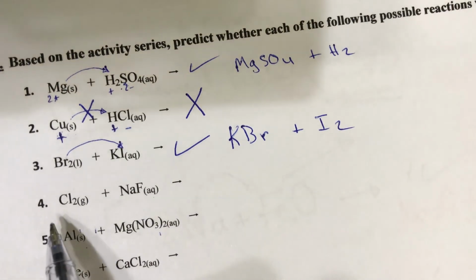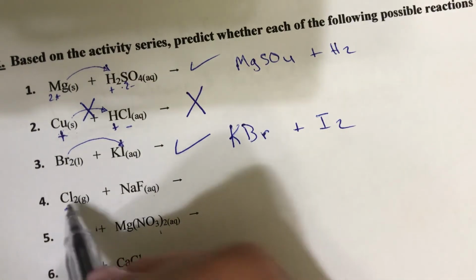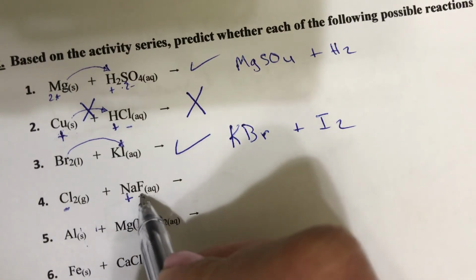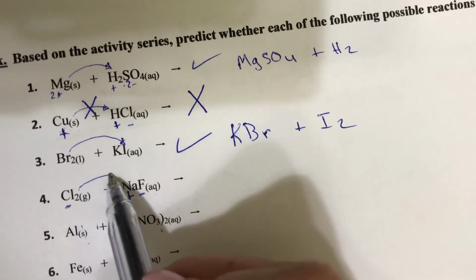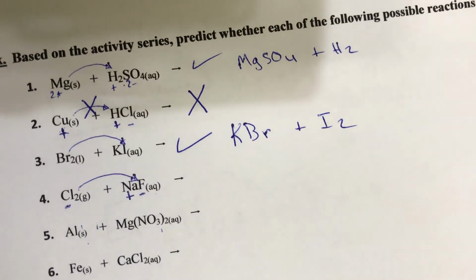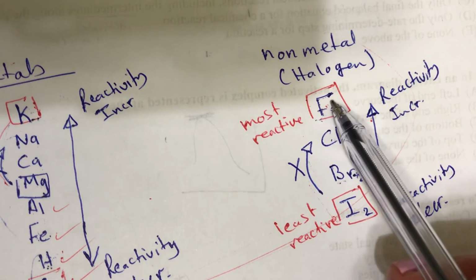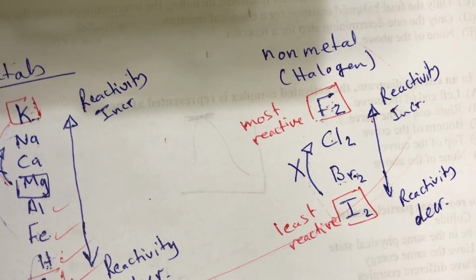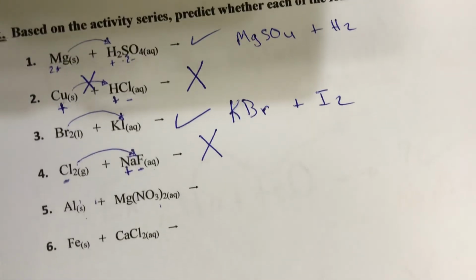Now what about the fourth one? Chlorine plus sodium fluoride. So here it's a halogen, here a metal, and here a halogen. So chlorine can replace fluorine? What about the series? Can chlorine replace fluorine? No. So no reaction occurs.